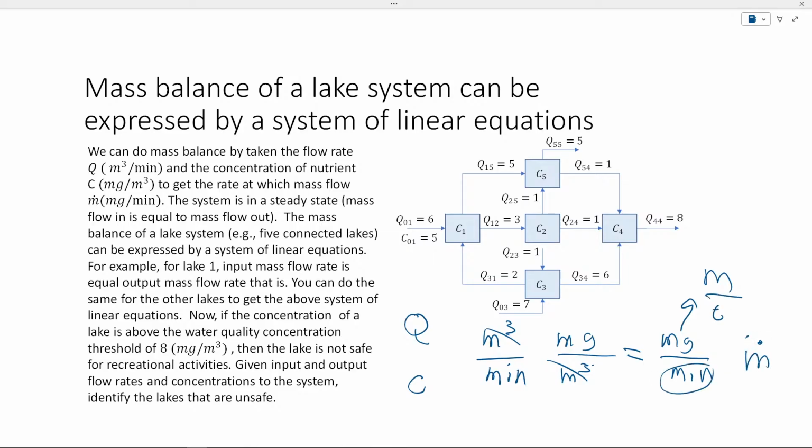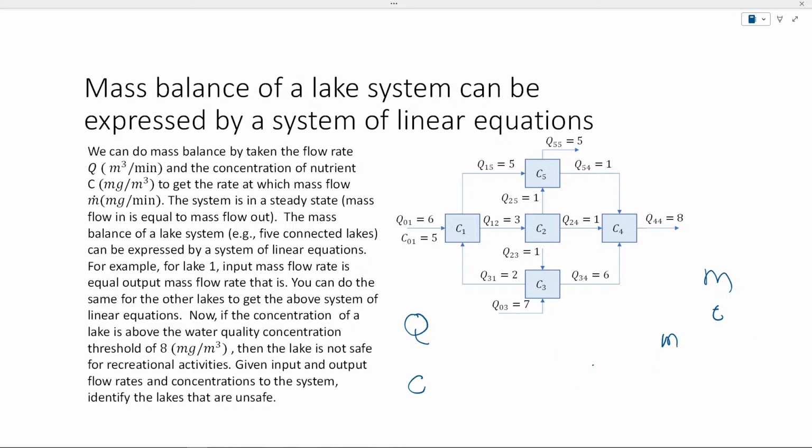And you remember we express it usually with this dot notation, this Newton notation, if you remember from the previous module. So here we can just do a mass balance: M in is equal to M out, because this is at steady state. So this system is at steady state, so there's no change in storage.